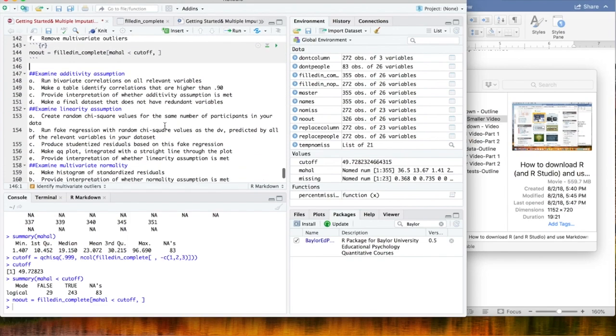Next is to examine the additivity assumption. Additivity is basically if you have several predictors in, say, your regression equation, you want your variables to not be too similar with each other, because if your predictors are too similar with each other, we have a problem called multi-collinearity.